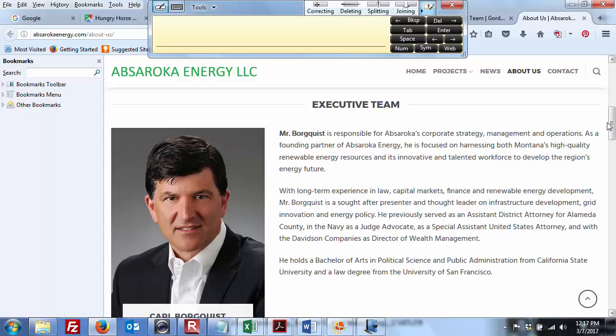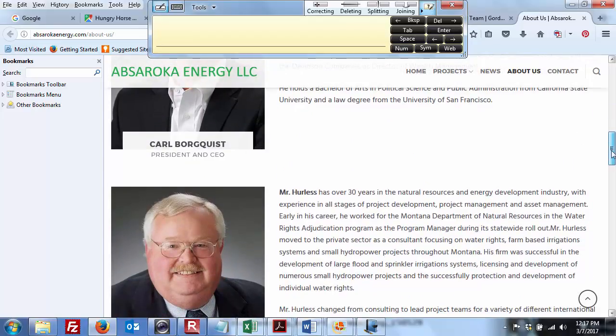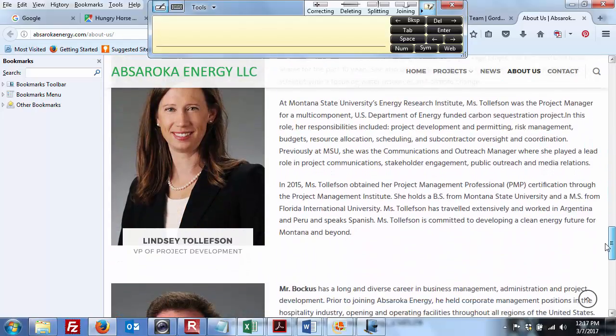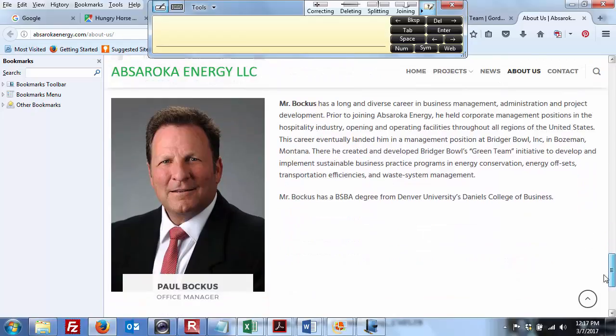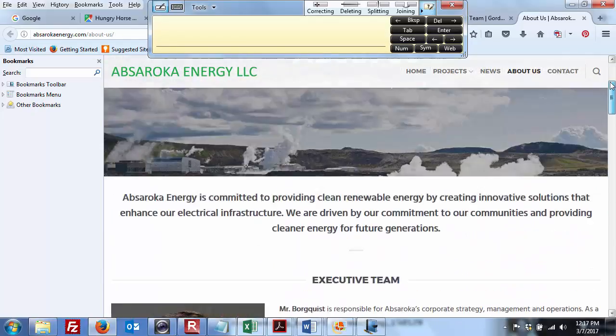So I've known Carl for three or four years now, and it's just really a thrill to see this thing finally come into work. I don't know these other guys, but Borquist has been right out in front of it. So there they are.